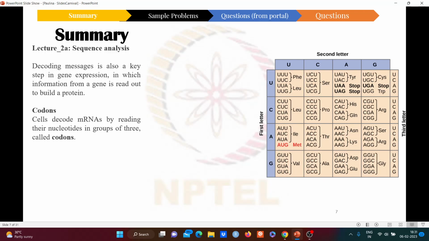Here is the codon table that I have given. We notice that many amino acids are represented in the table by more than one codon. For instance, can anyone tell how many ways leucine can be coded, or the number of codons that code for leucine?